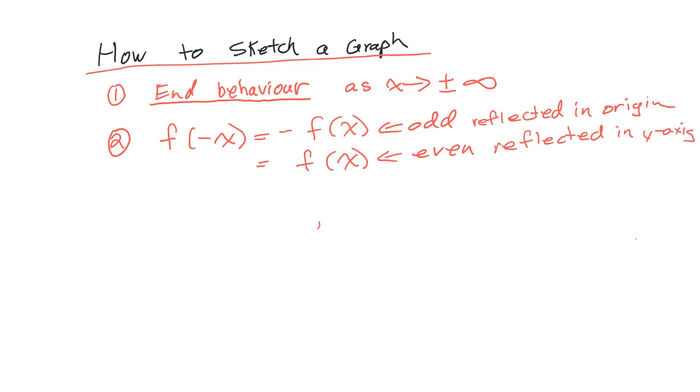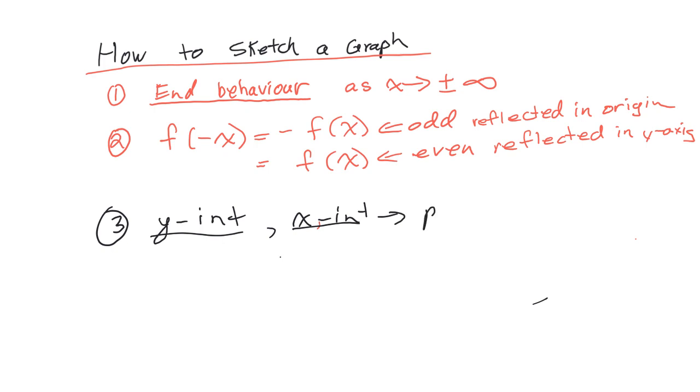Now, this is the slightly harder part. You need to be able to calculate y-intercepts. That's why we studied that. So we need the y-intercept, and you also need the x-intercept. What we need are the actual points so we can graph these things.